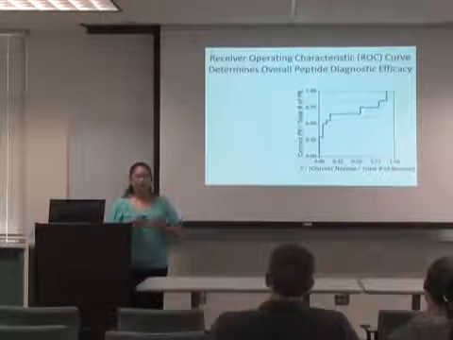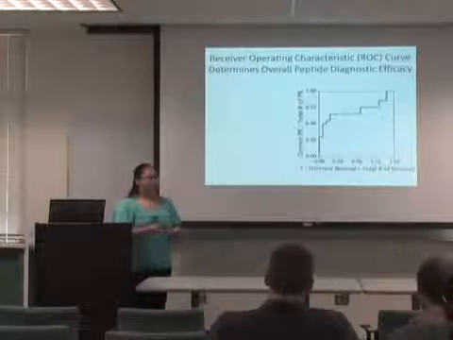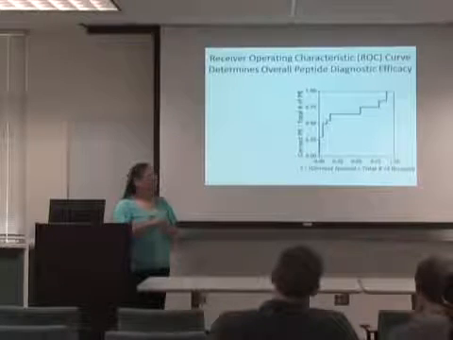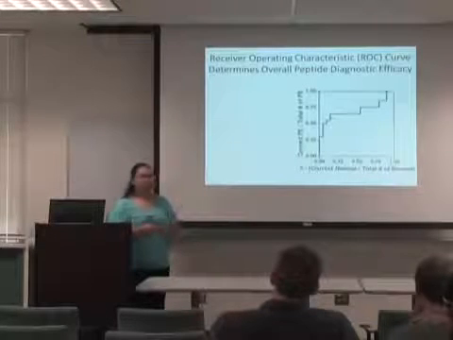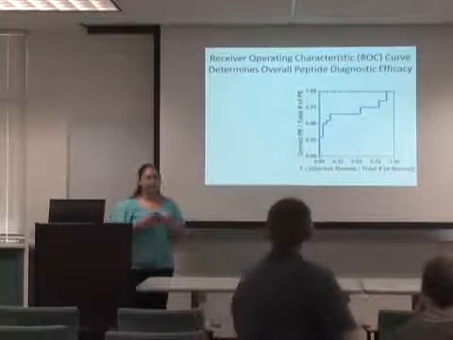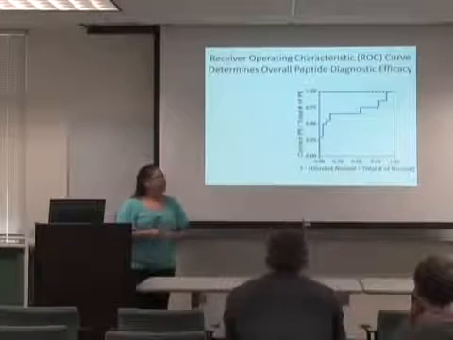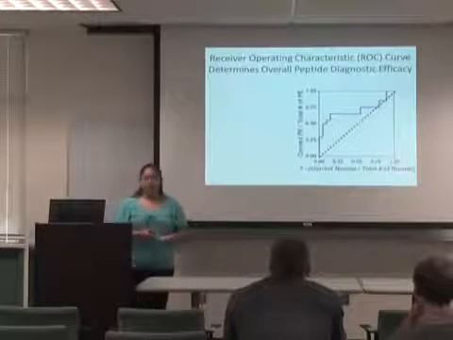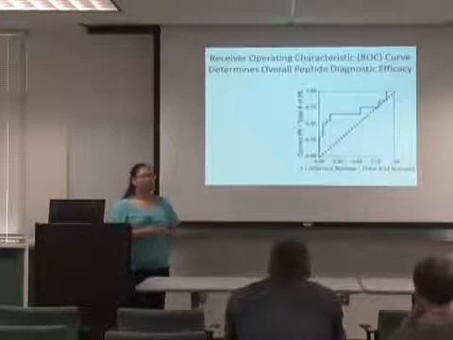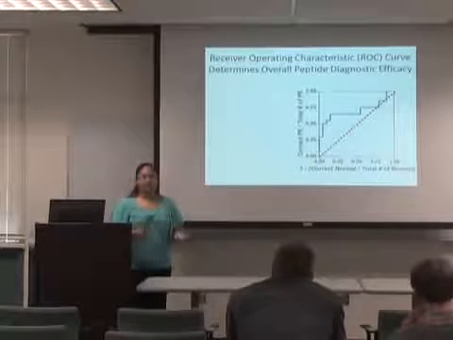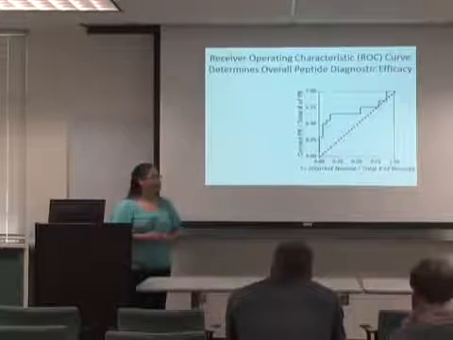So the part that tells us the overall diagnostic use of the peptide is the area under the curve. So if we have an area of 1, as with the dotted blue lines, that tells us that we have a perfect diagnostic. Whereas if we have an area of 0.5 or less with this red dotted line, that tells us that we have a diagnostic that is unacceptable by clinical standards.